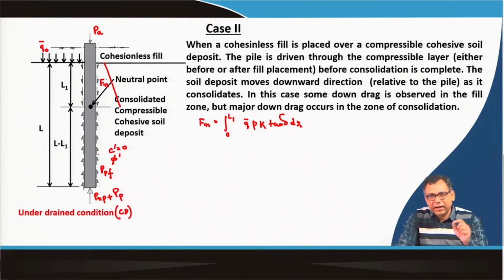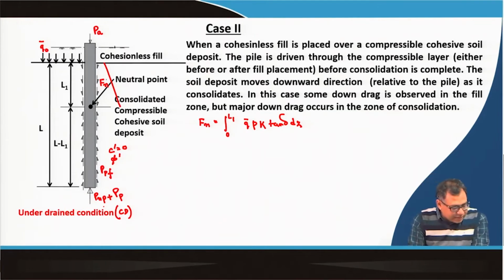As I mentioned, when there is mobilization of the friction resistance, some tip resistance will be there. I have already discussed that, and once the friction resistance is mobilized, then the tip resistance will start mobilizing. So PNP is the tip resistance during the mobilization of the friction resistance, and PP is the normal tip resistance that is developed after the mobilization of the friction resistance.